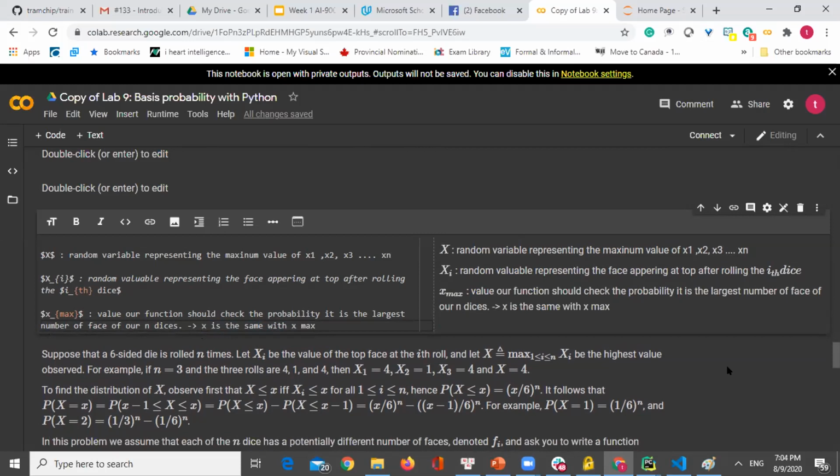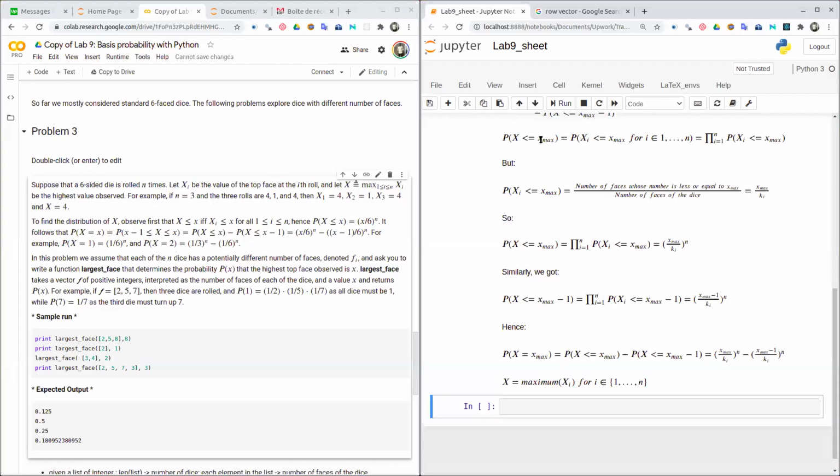Should I share my screen? Yes, sure. Please share your screen. So we are here. You understand this part? Yes. Let me reread it again. So if X is smaller than our function X max, which gives the largest face, right?